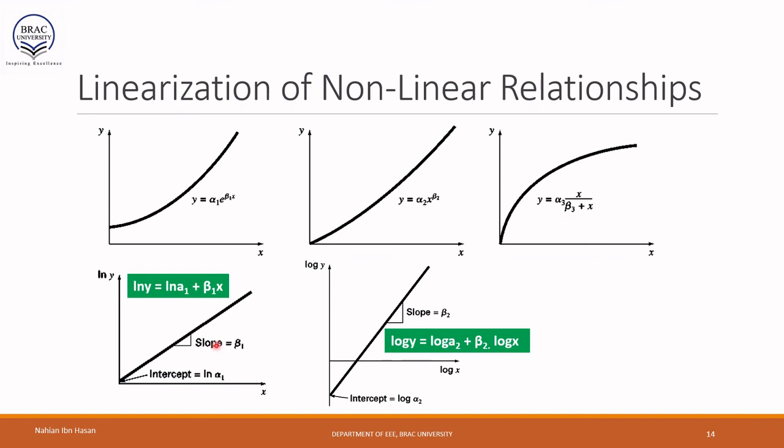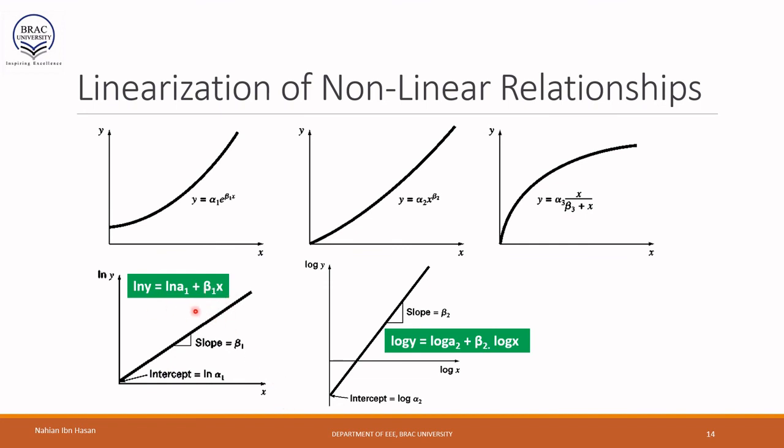So in this case, the independent variable remains x, but the dependent variable becomes ln y. So ln y equal to ln alpha 1, which is the intercept of the fitted line, x is the independent variable and beta 1 is the slope.